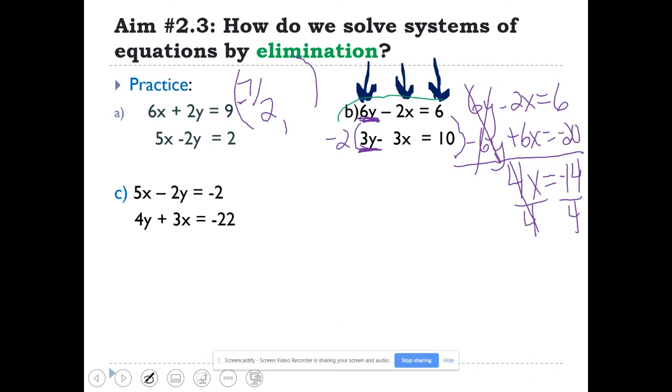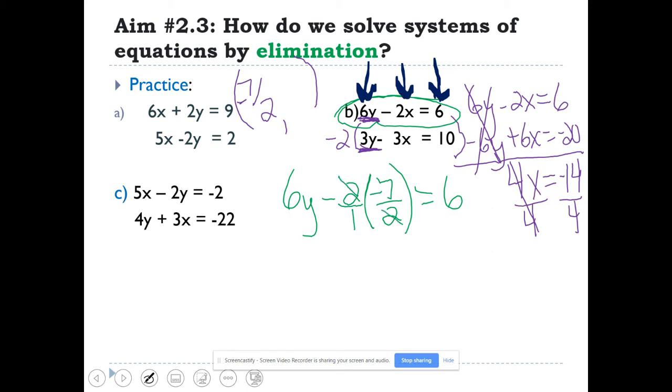And I'm going to plug it into my top equation to solve for y. So 6y minus 2 times negative 7 halves is equal to 6. And the reason why I did this is because I can make that 2 over 1 on the outside. And my 2's reduce out. So I have negative 1 times negative 7, which is positive 7.